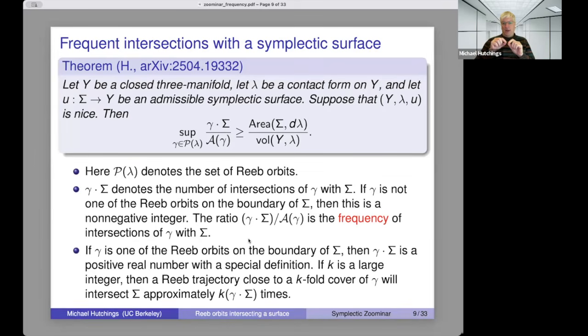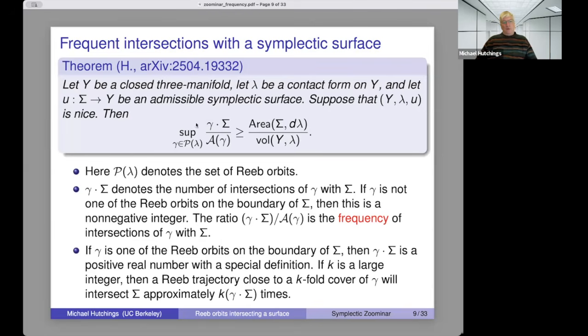For any given k, I just have to start close enough to γ for that to work. So I take k large, start close enough to γ, go around k times, and ask how many times that trajectory intersects the surface. The number of intersections is approximately k times this γ · Σ. So that's the idea of what it means.